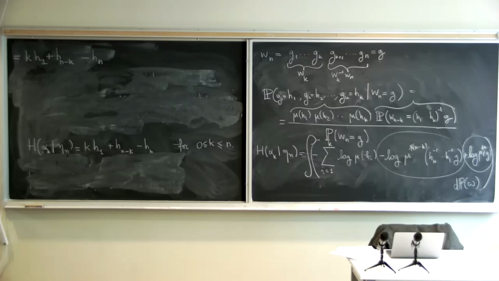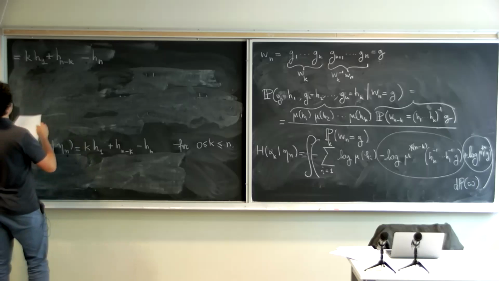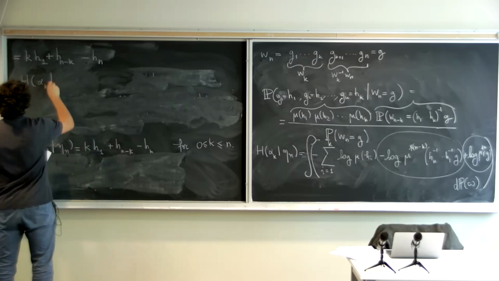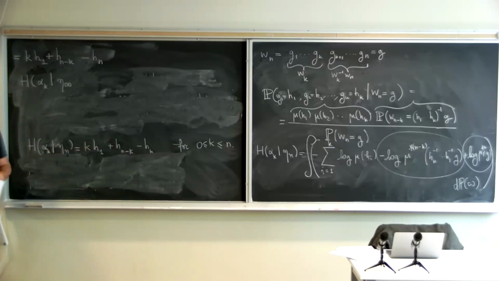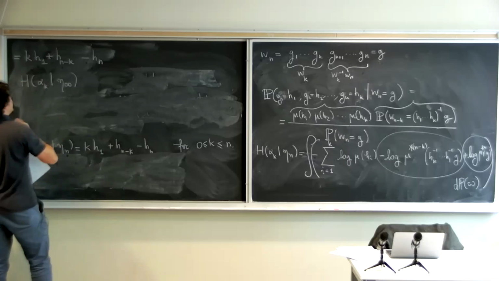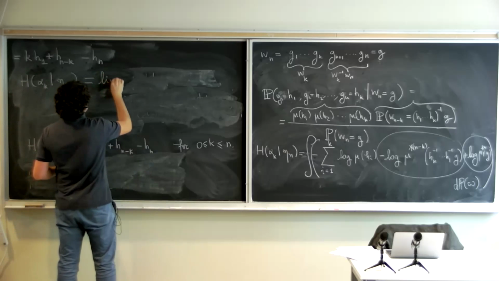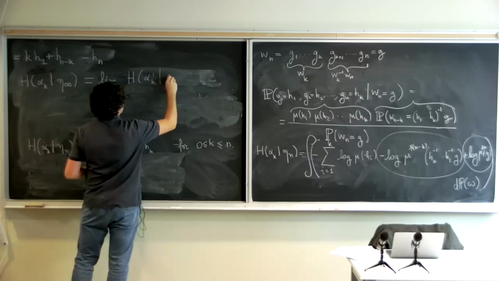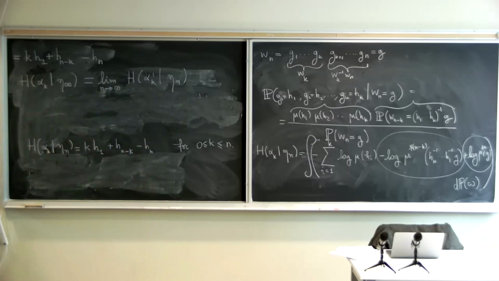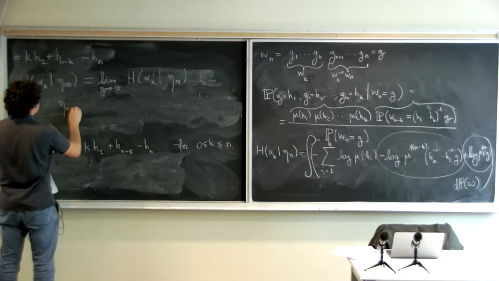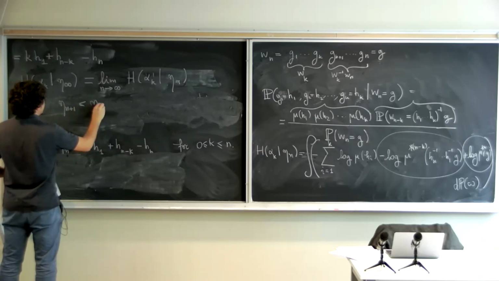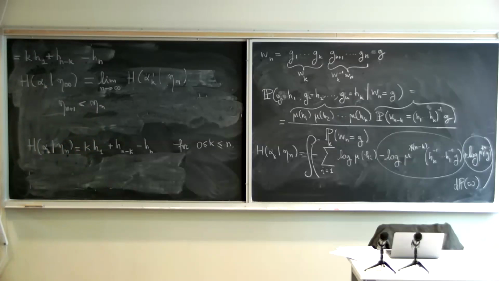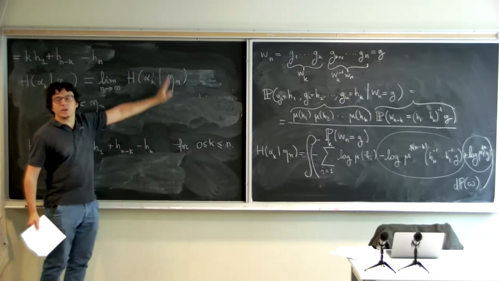So, okay, very good. That's the most important point, because now we take the limit. So now h of alpha k conditioned on eta infinity. Here's why the magic happens: this is just the limit as n goes to infinity of h alpha k conditioned on eta n. We now recall that eta n plus 1 is coarser than eta n, right? So every time you're conditioning on something coarser, this is increasing.